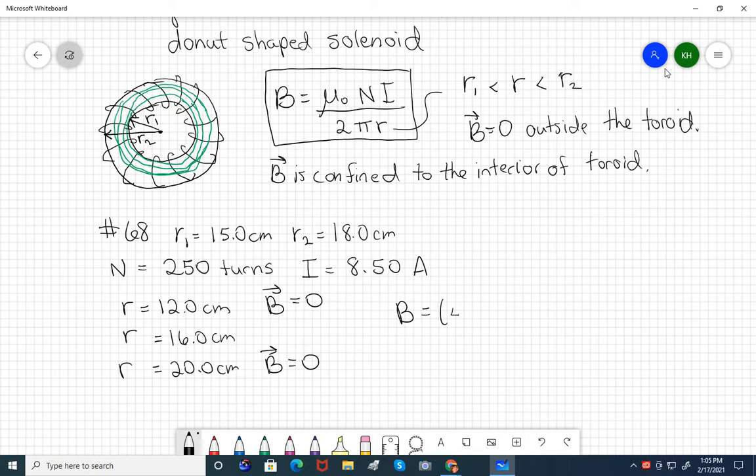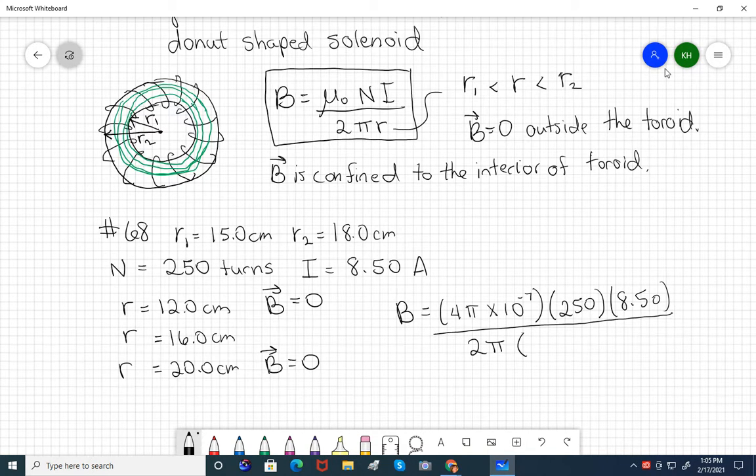It'll be 4 pi times 10 to the negative 7. N is 250. I is 8.50. Over 2 pi R, and R is 0.160 meters.